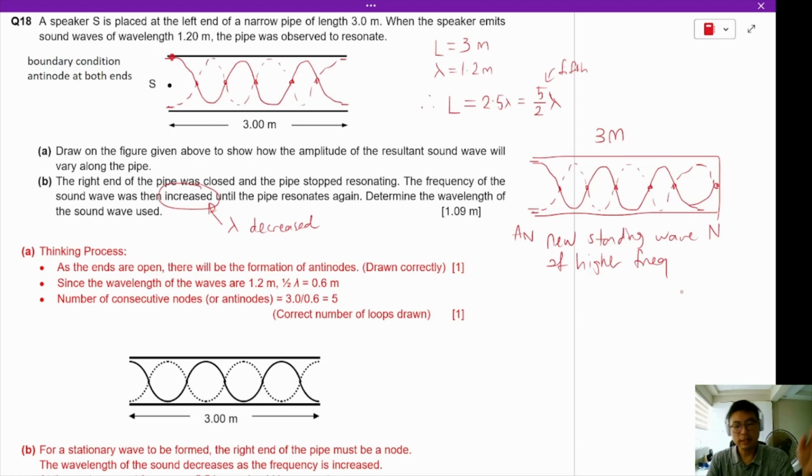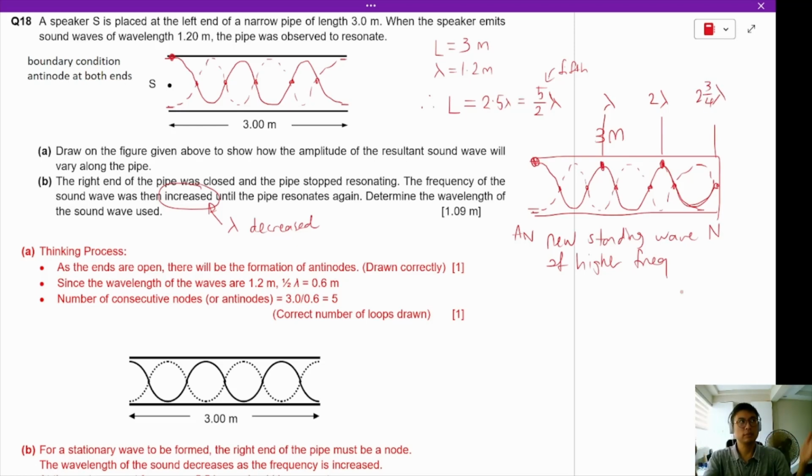Now let's count how many wavelengths are there in the tube. Over here is 1, 2, and this is 3/4. So over here is 1 wavelength, over here is 2 wavelengths, and over here will be 2 3/4 wavelengths.